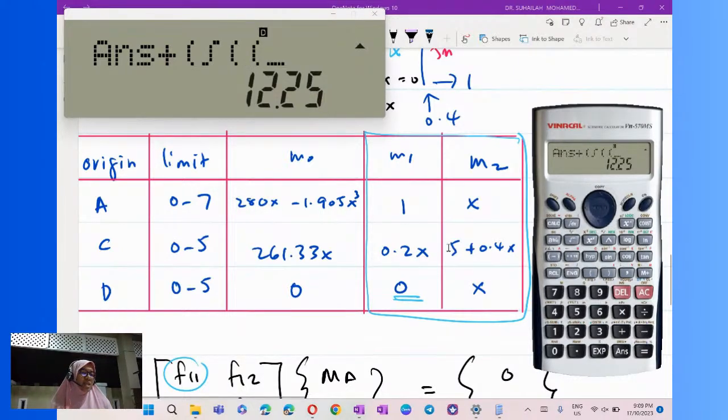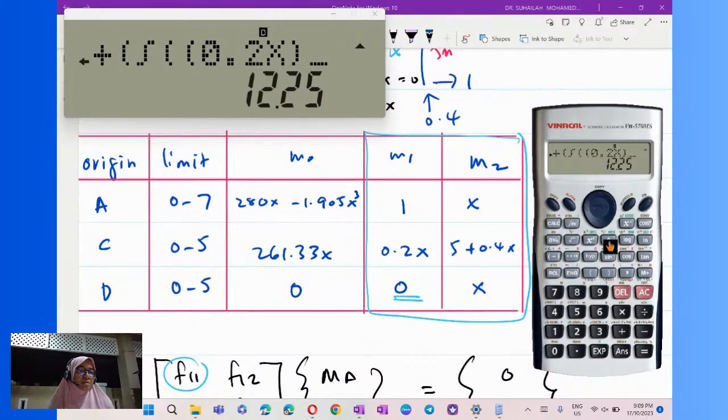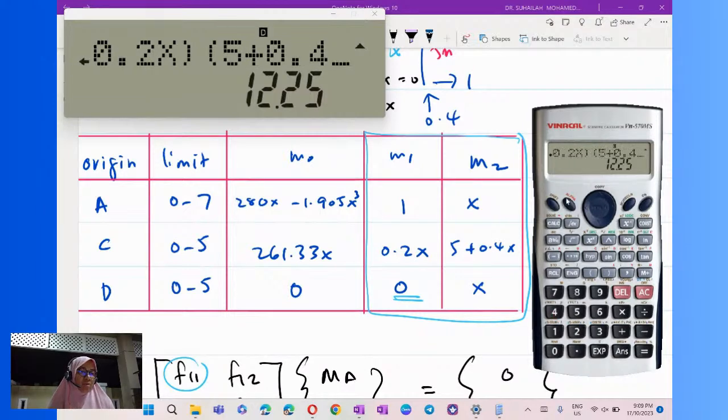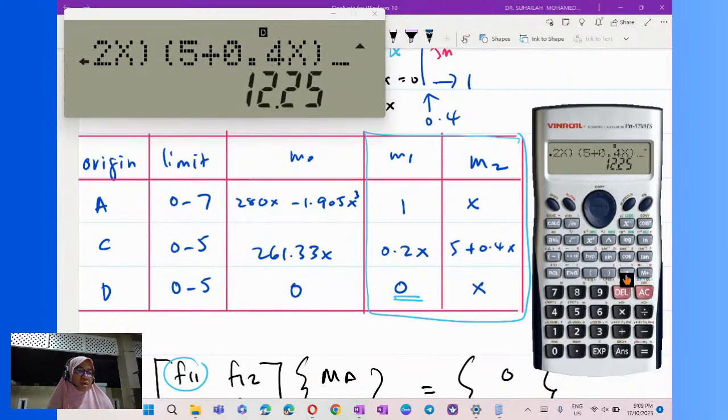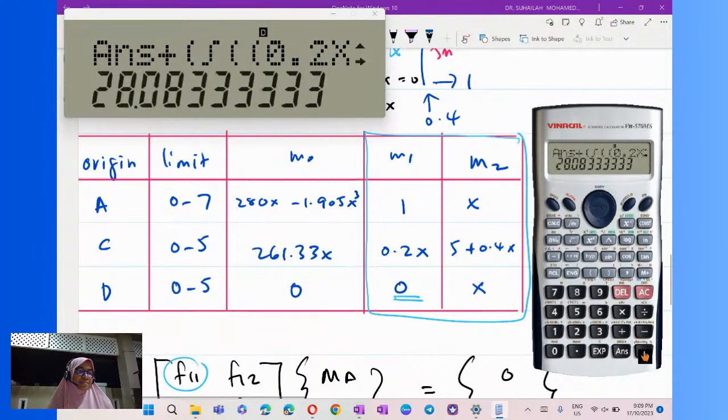For BC, M1, M2 is 0.2x times 5 plus 0.4x. Close. The limit is from 0 to 5. Two brackets. So the answer is 28.083.